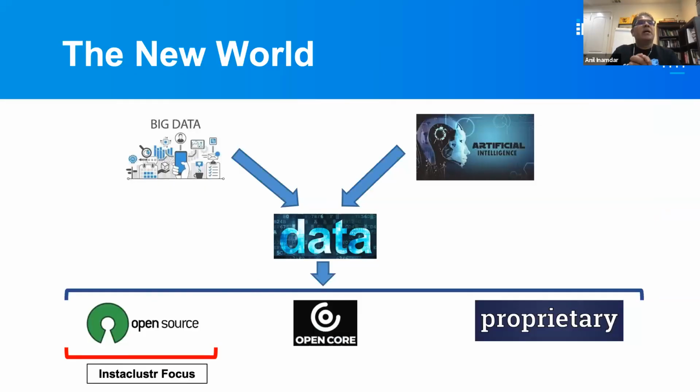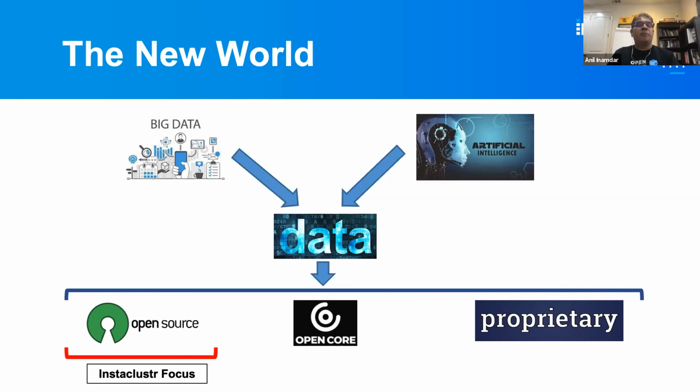So there are two things going on currently, or maybe for the last 5-10 years. One is big data. We are creating lots of data. I think the Facebook and Twitter and everywhere we are creating data, IoT. And the second big thing that is going on is artificial intelligence, machine learning, and deep learning and things like that. And both either create data or are dependent on data.